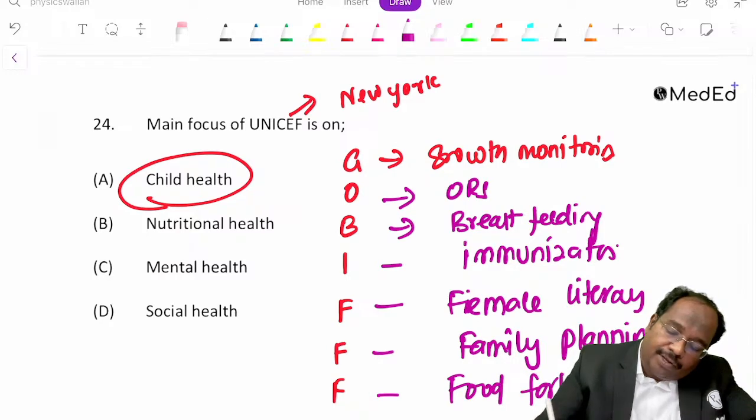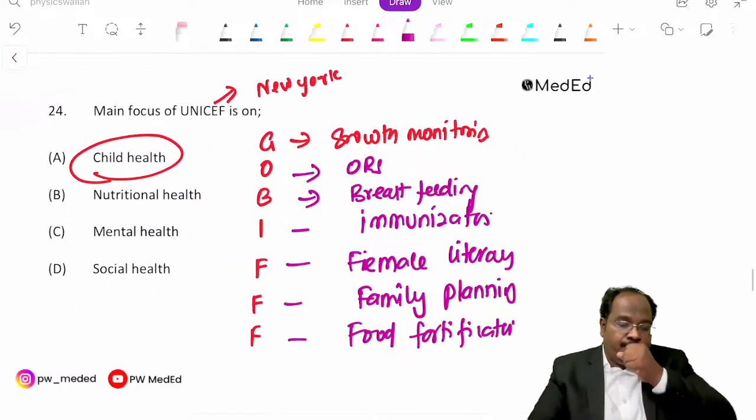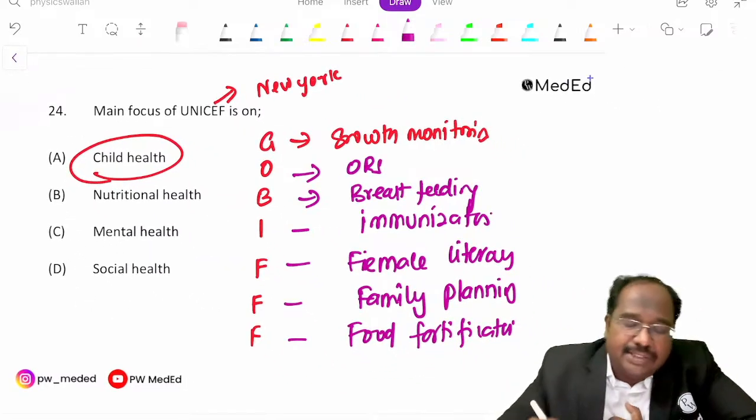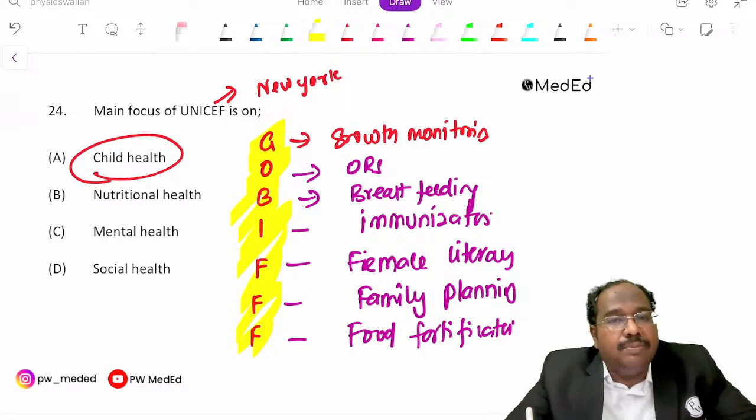This is the GOBI campaign. We call it the GOBI campaign. That is UNICEF, guys. Campaign by UNICEF: growth monitoring, ORS, breastfeeding, immunization, female literacy, family planning, and food fortification.